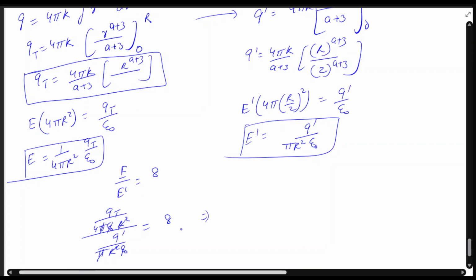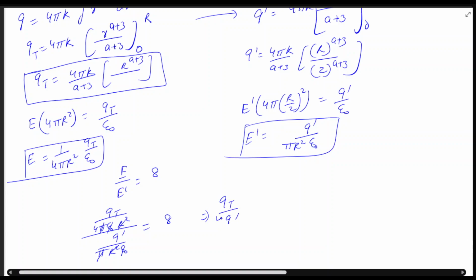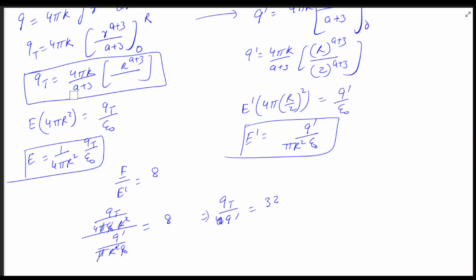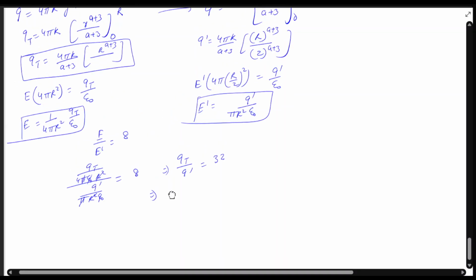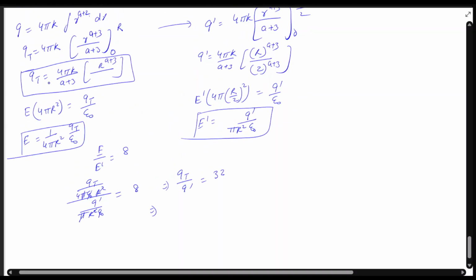So we will be left with Qt upon Q dash by 4, so this will be 32, right? Okay, so let's put these values here. So what was Qt?